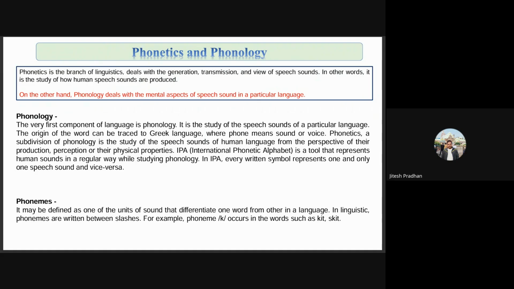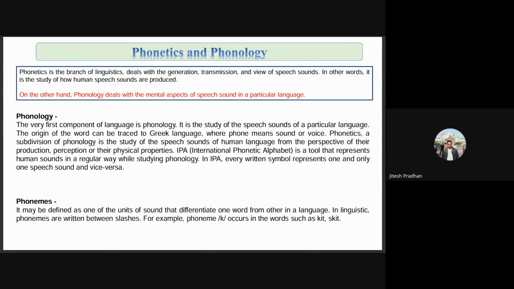Phonetics focuses on pronunciation, sound production, and sound characteristics. In a simple way, phonetics shows how humans physically produce or hear sounds. For example, pat and bat: P-A-T and B-A-T have different phonetics.